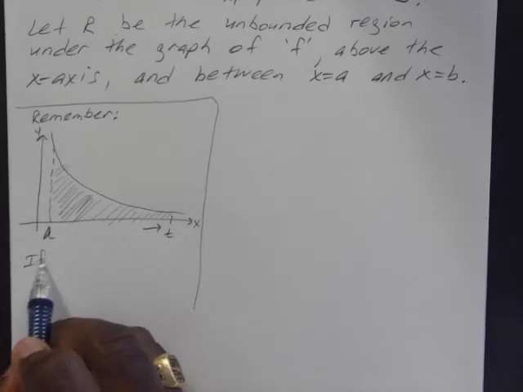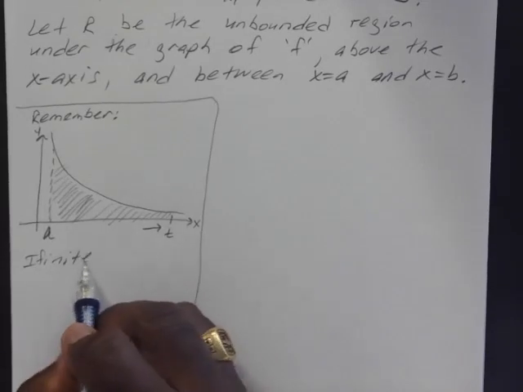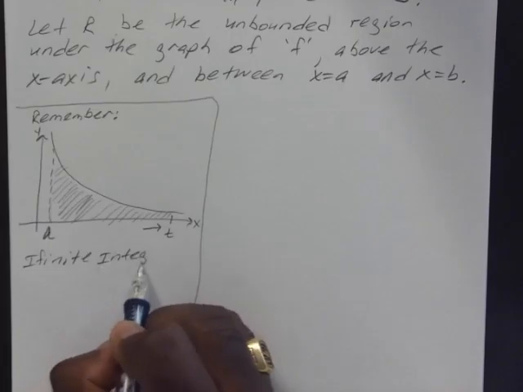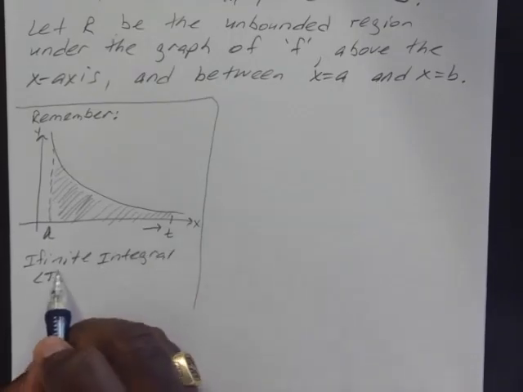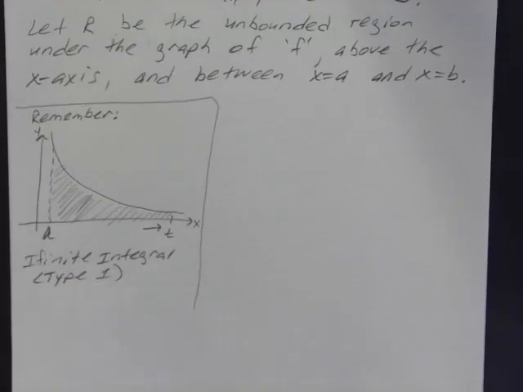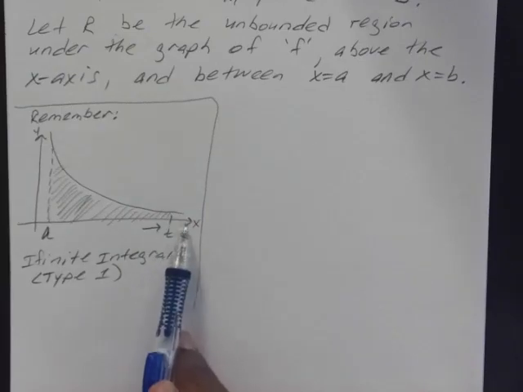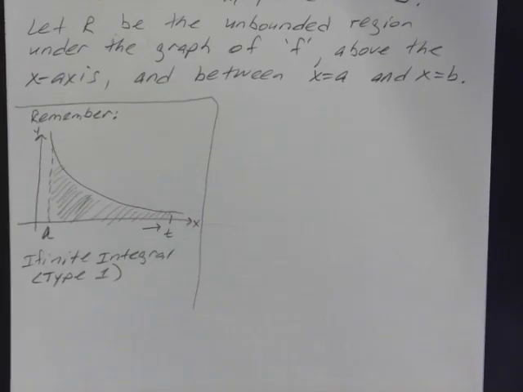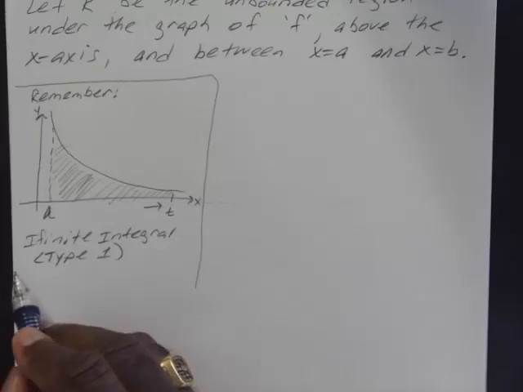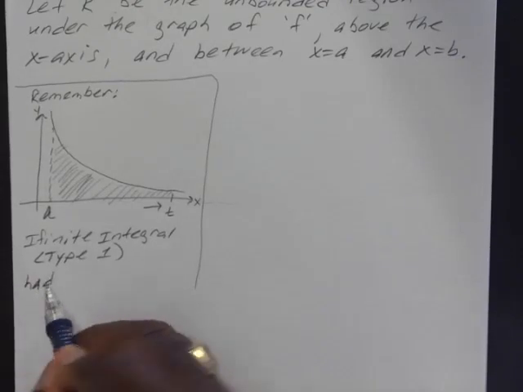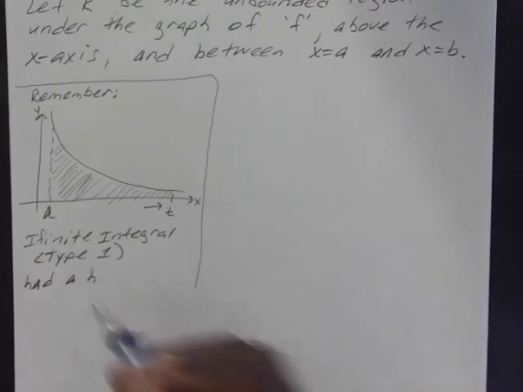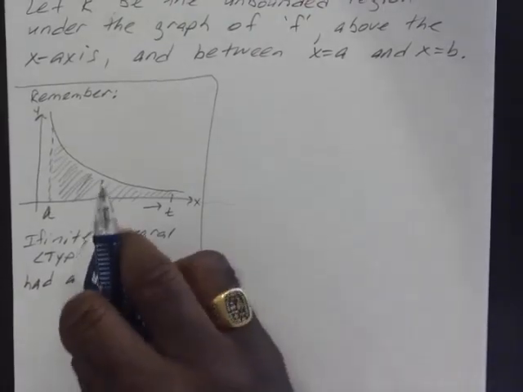Now this infinite integral, they call this one type 1. Because that t was just getting closer and closer to infinity and never stopping, it had a horizontal infinite direction, or an indefinite horizontal direction.